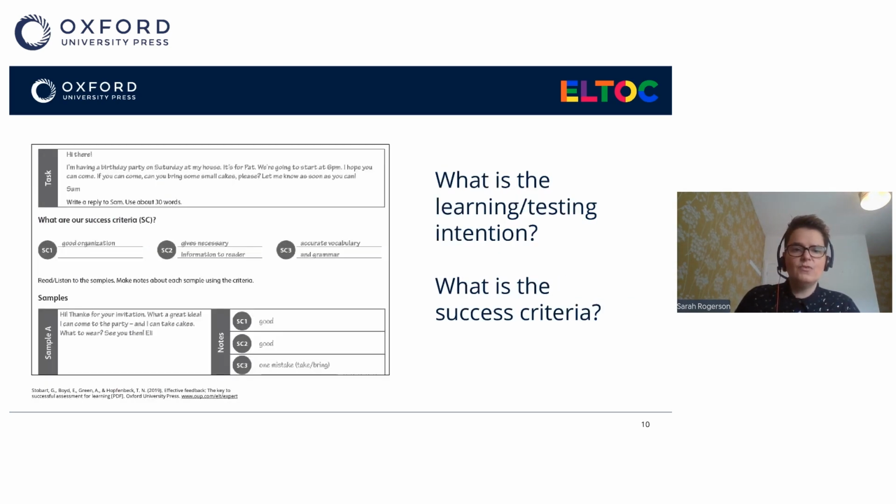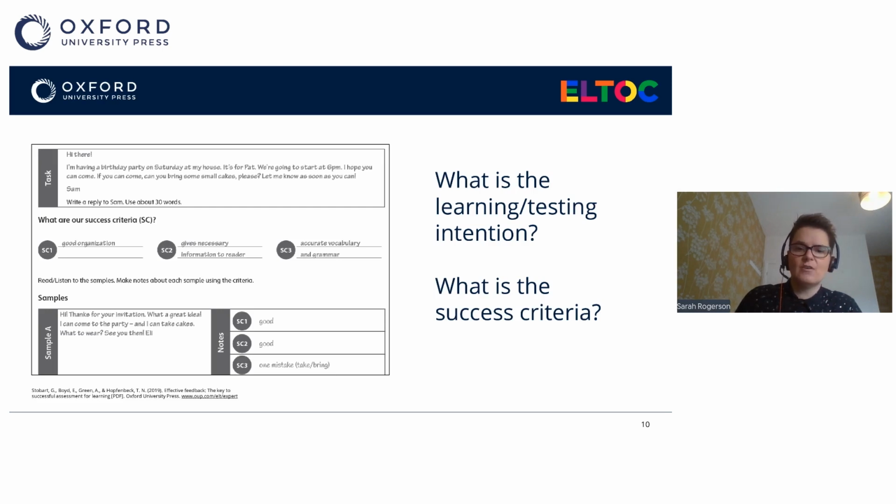And then if we move on, this is more an assessment of learning approach, right? It's a bit more of a formal sit down test, but we've still got the testing intention here. If you can see the slide, it's really small for me, so I'm just going to make it big screen. The testing intention here is you're having a birthday party, so you need to write a reply to Sam and use about 30 words.